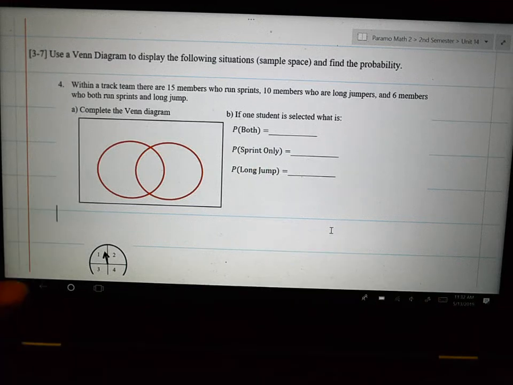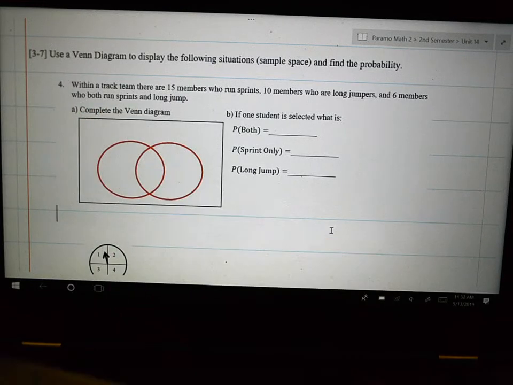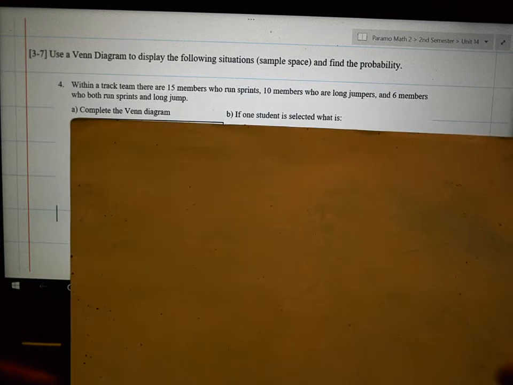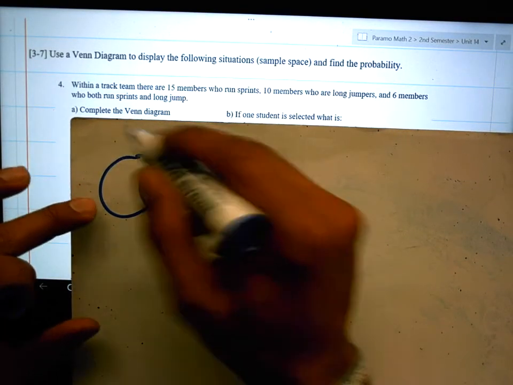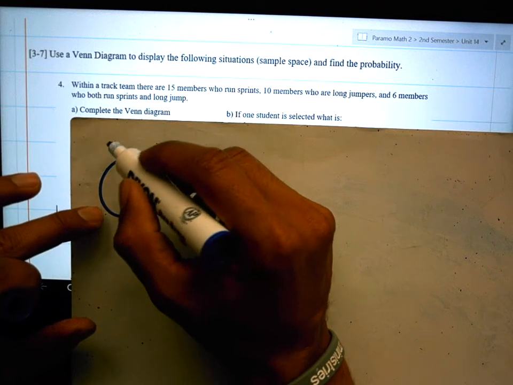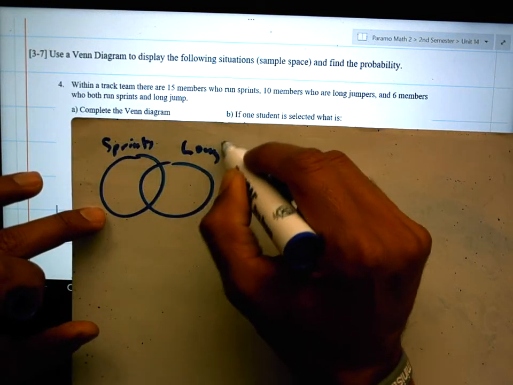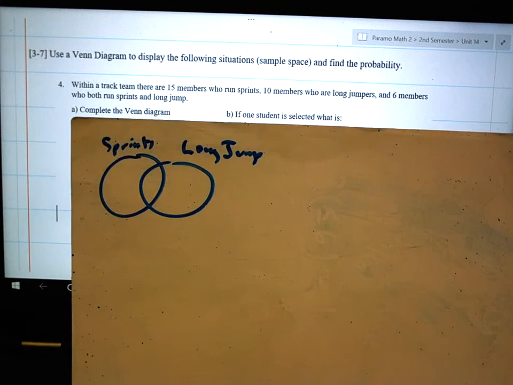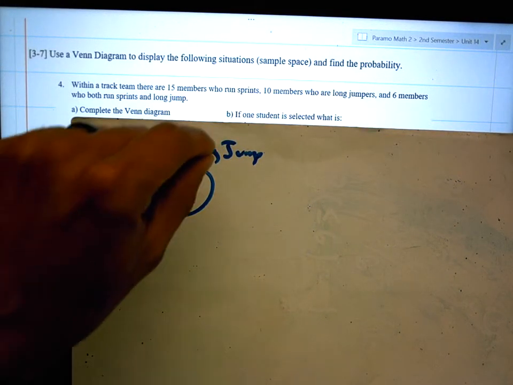The first number that is the easiest one to figure out is who runs both sprints and long jumps. So this is how I'm going to organize it. I'm going to put a little Venn diagram like that. And above this one, I'm going to say these are sprints. And over this, I'm going to put long jump. That way I have sprints over this circle and long jump over this circle.